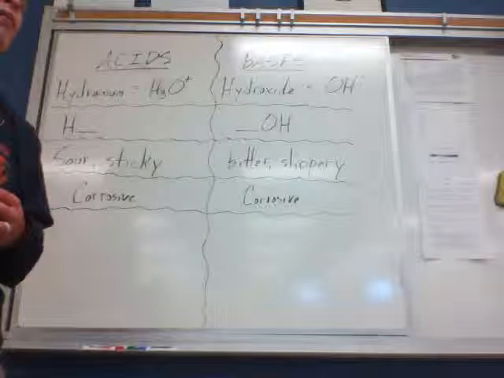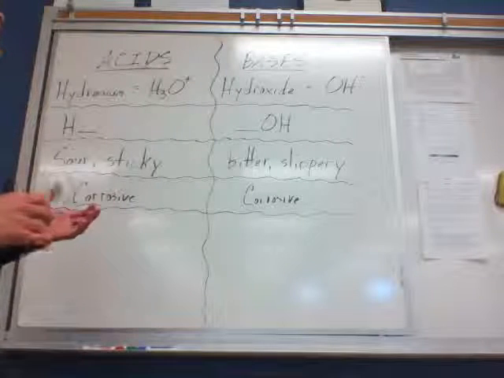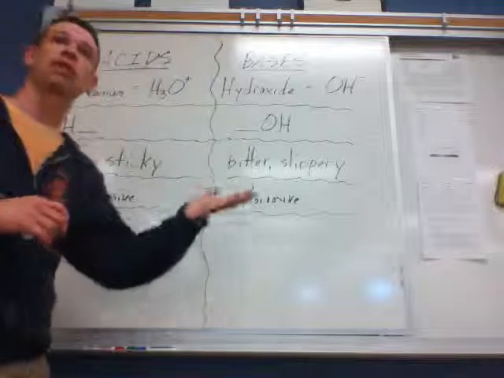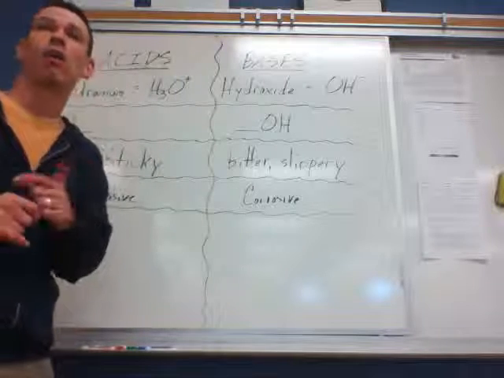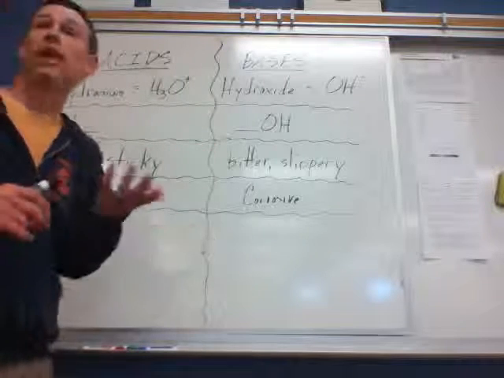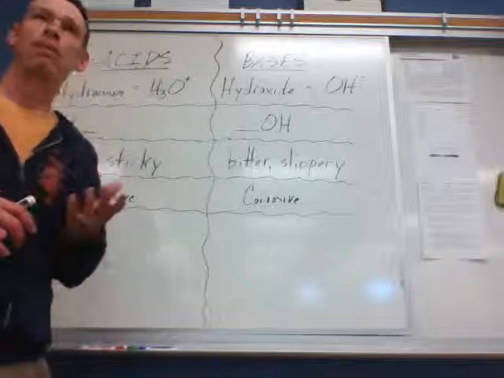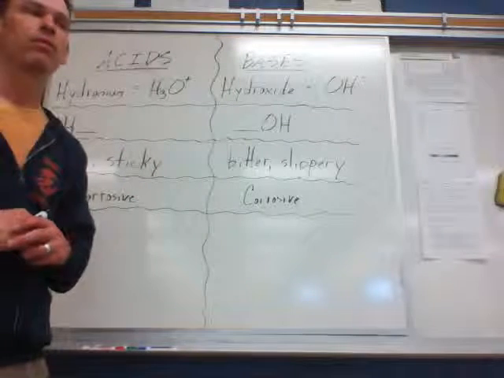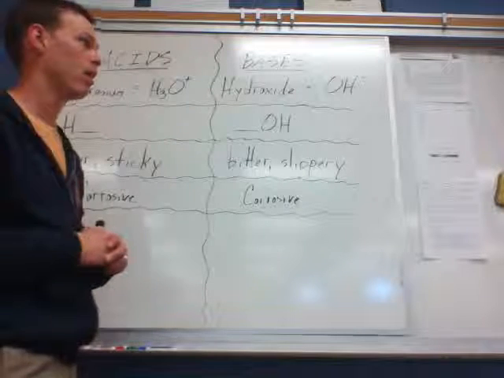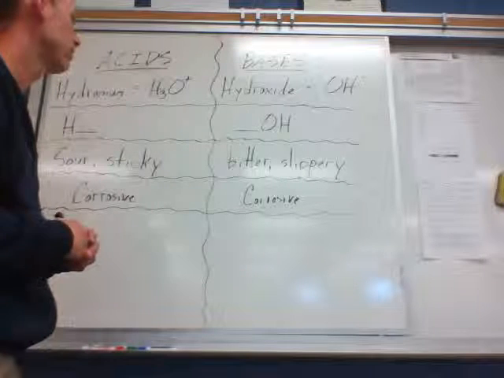There's sometimes a misperception that acids are dangerous and bases aren't, where that's not the case at all. Both can be very, very dangerous to the touch, depending on their pH, which will be the characteristic that we end on in a moment.